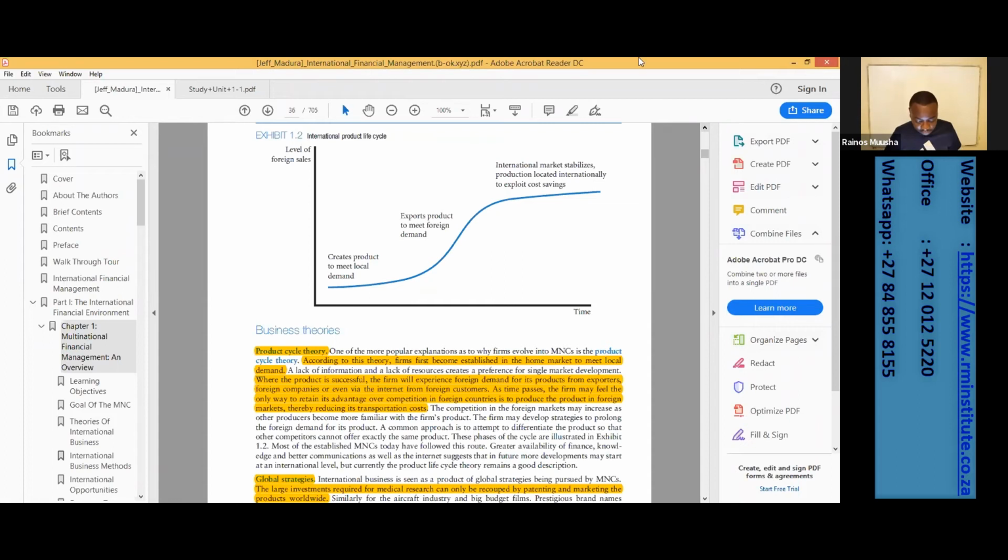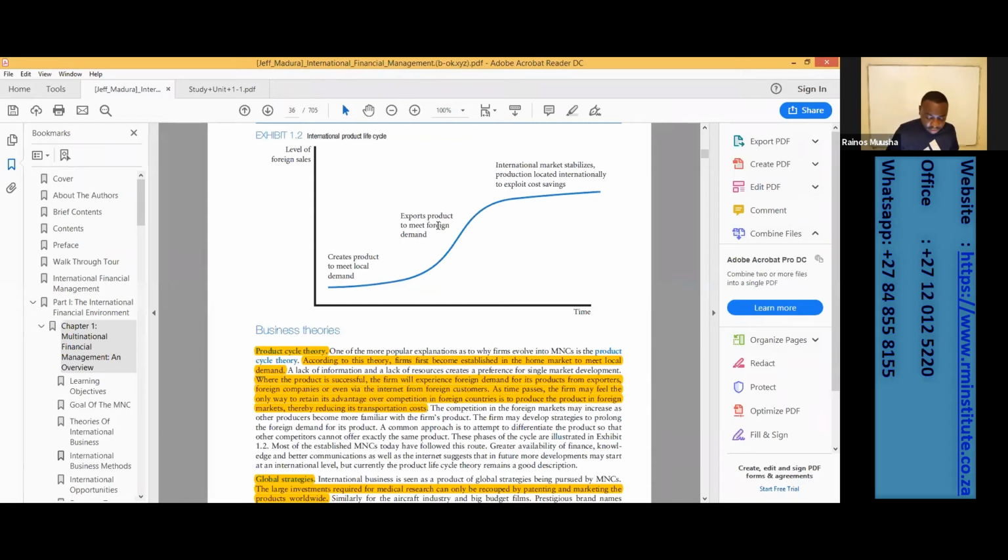Then, after meeting the local demand, this is what is explained in Exhibit 1.2, right? First, the company is aiming to meet the local demand, but because of the popularity of the goods or service they are producing there, they now start exporting the product to meet the foreign demand.